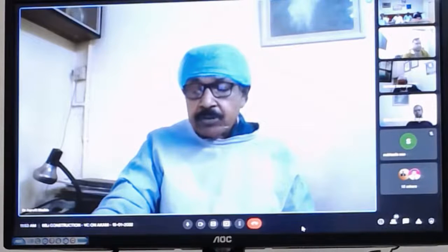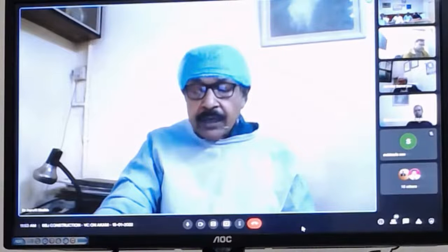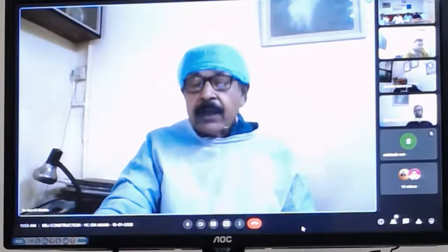So this type of retinopathy is not very common at present. But retinoblastoma and congenital cataract are the two main things. In congenital cataract, it might be unilateral, it might be bilateral.